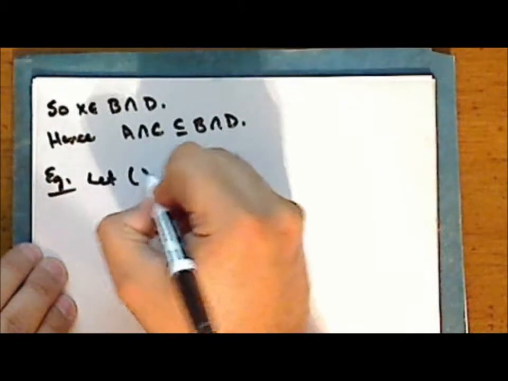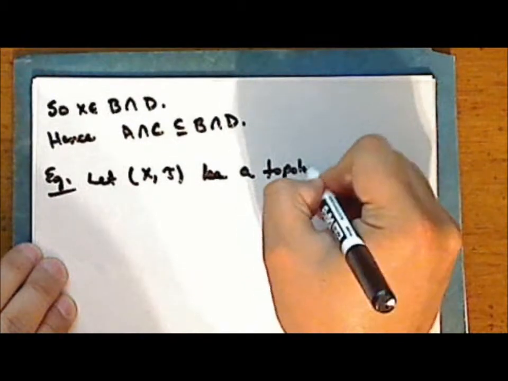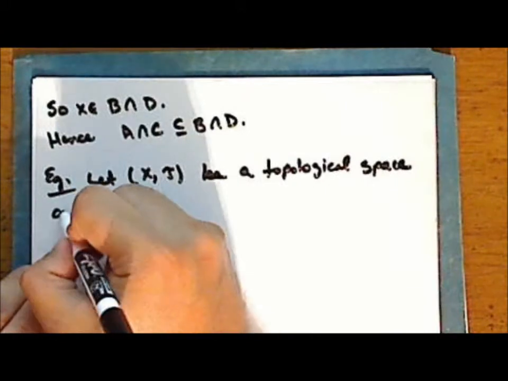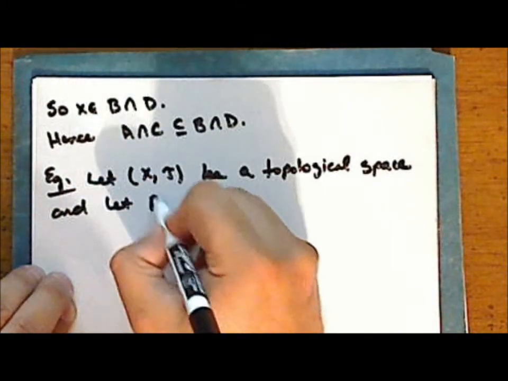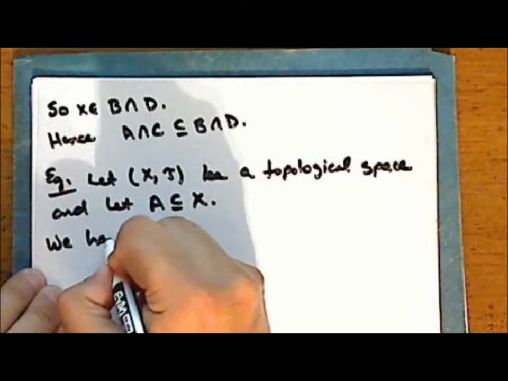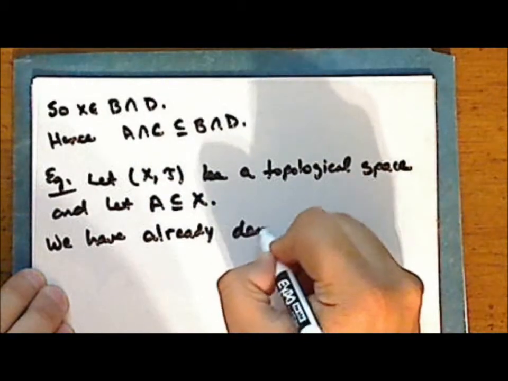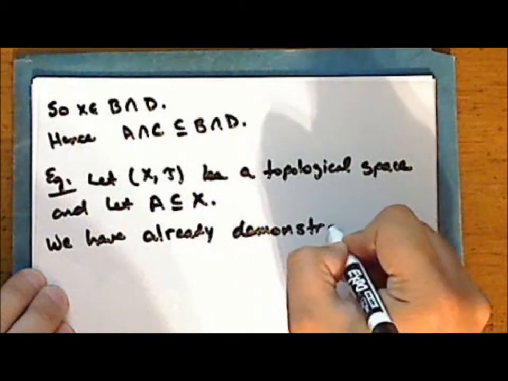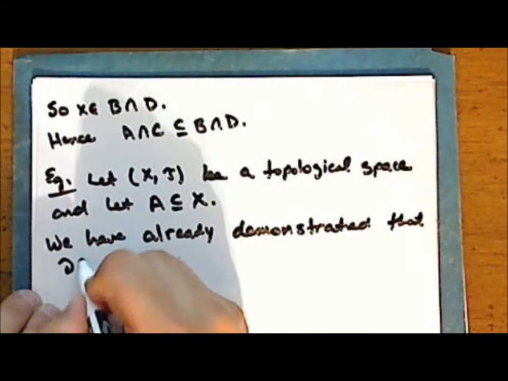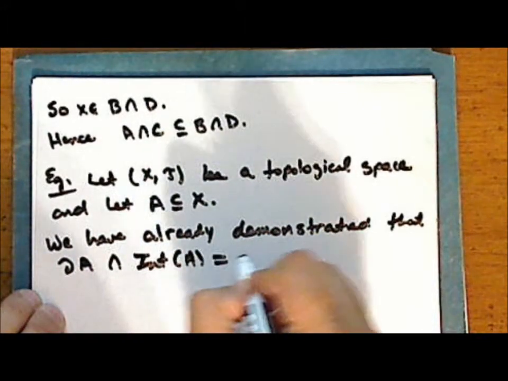So let X together with some topology tau be a topological space, and let the set A be a subset of the space X. We have already demonstrated that the intersection of the boundary of A with the interior of A is empty.